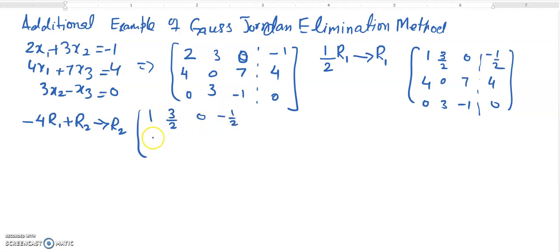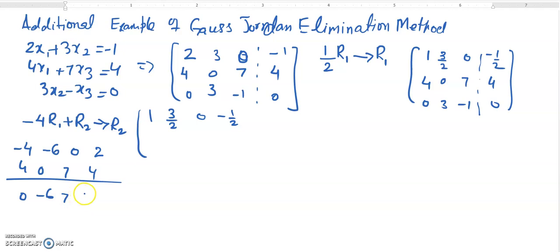Then row 2 after multiplying row 1 by -4 and adding to 4, 0, 7, 4 will be 0, -6, 7, and 6. And then the third row is 0, 3, -1, 0.